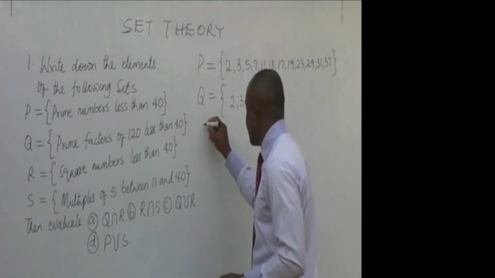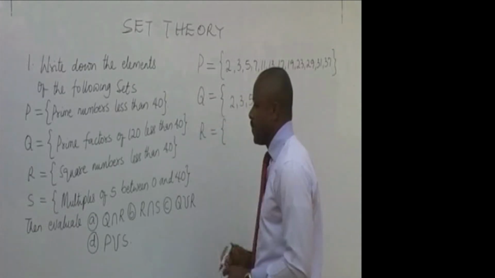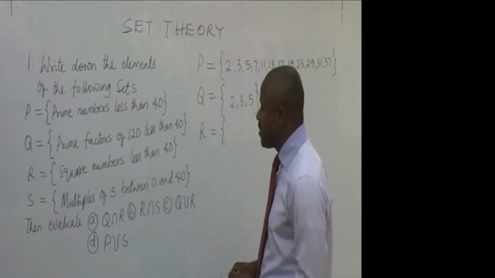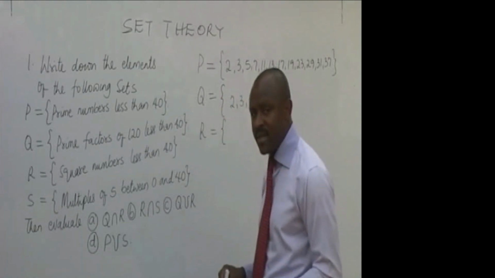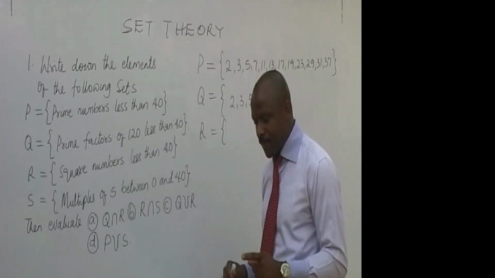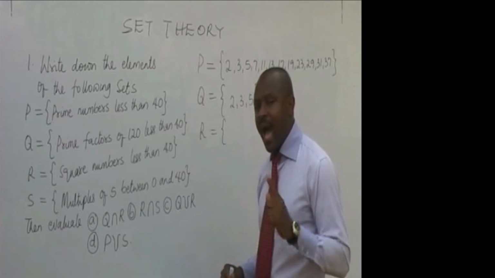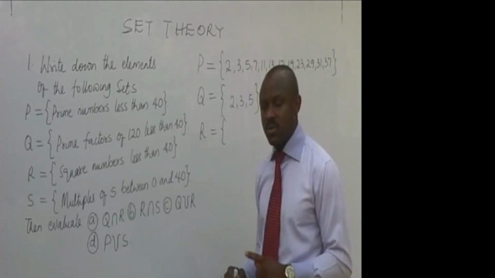So the next one is R. Members of R are square numbers less than 40. Square numbers are those numbers that have integers, whole numbers, as their square roots.